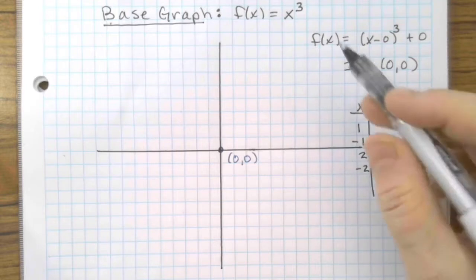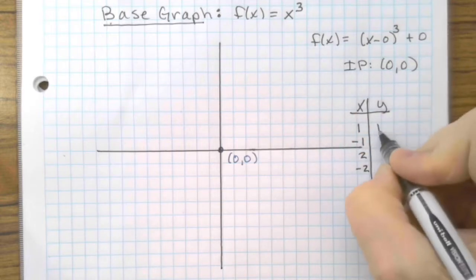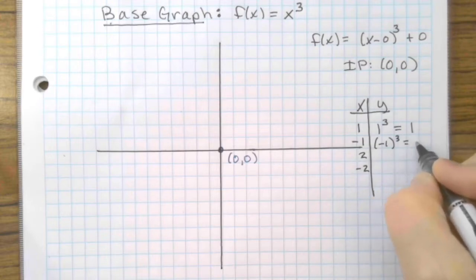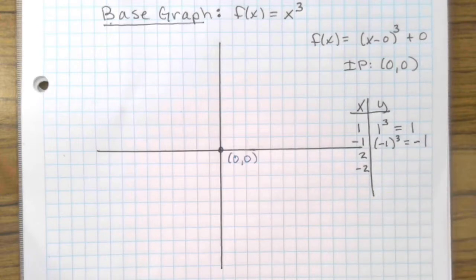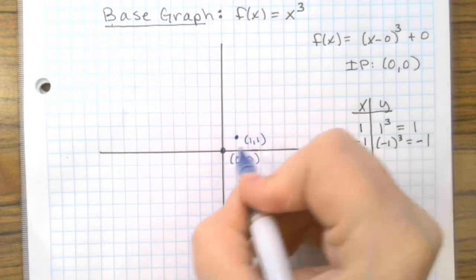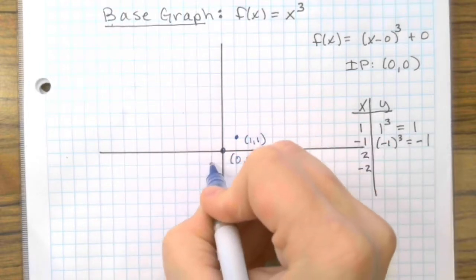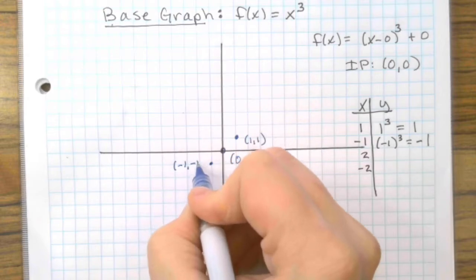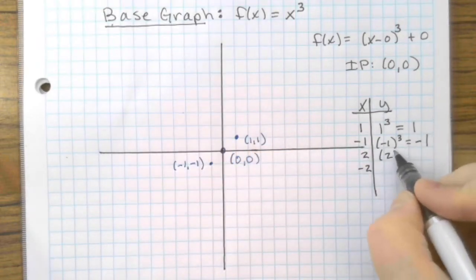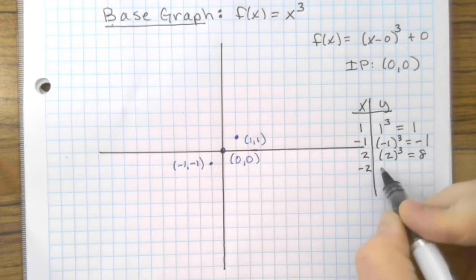When you substitute a 1 into the equation, 1 cubed is 1. Negative 1 cubed is negative 1. So 1, 1 is here. Negative 1 is here. Now for the 2's, 2 cubed is 8.